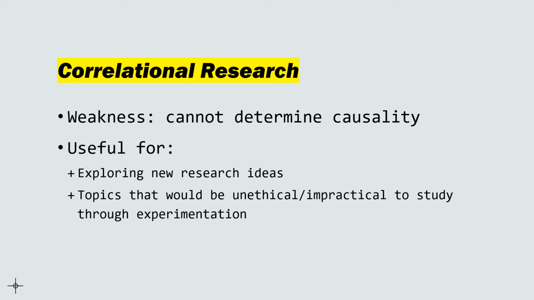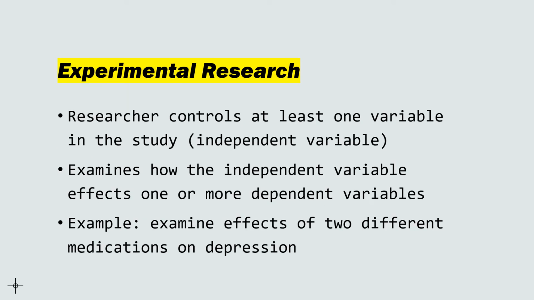Okay, so the alternative to correlational research, which we already talked about a little bit, is experimental research. In experimental research, the main difference is that the researcher controls one or more of the variables involved in the study. Like I was just saying, if I wanted to do that as an experiment, I would have to control the kind of trauma those kids go through. The variable we have control over is often referred to as the independent variable.